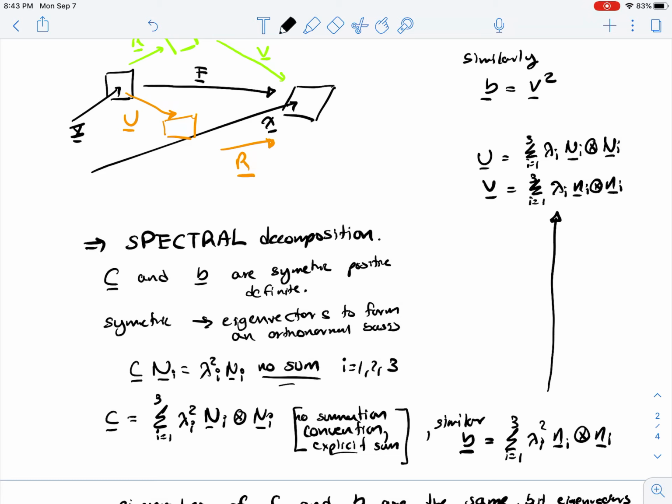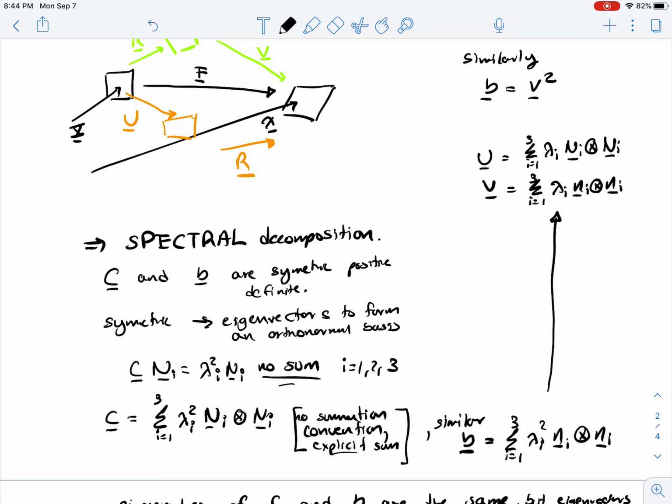This is also why I named them with a square: C and B are both symmetric positive definite tensors, and I have to guarantee that the eigenvalues are positive.